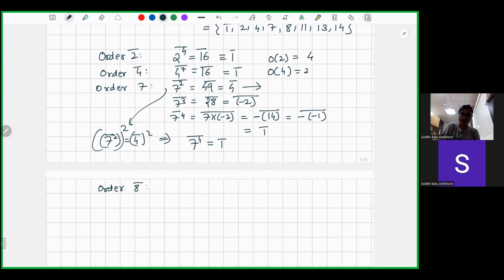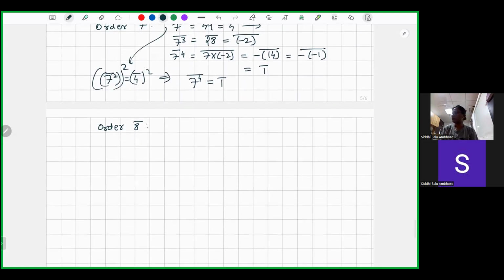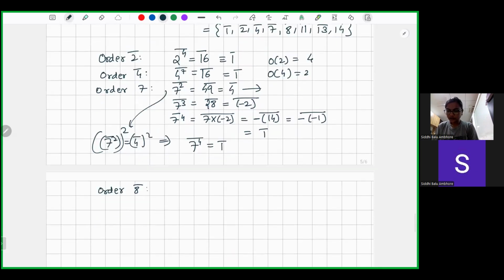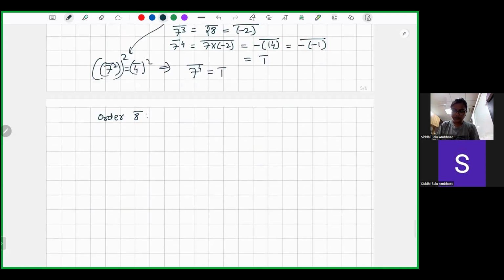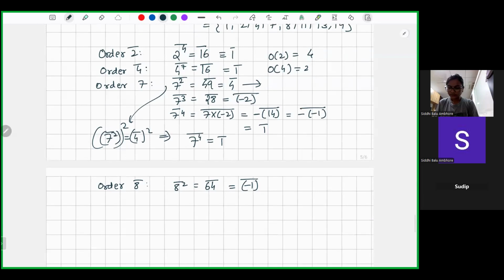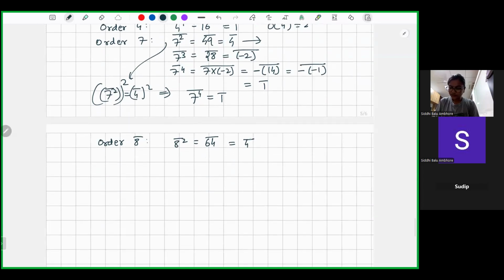Let me just do this. Only 4 are left. Okay, 8. 8 bar squared is 64, and 64 is 4 bar.